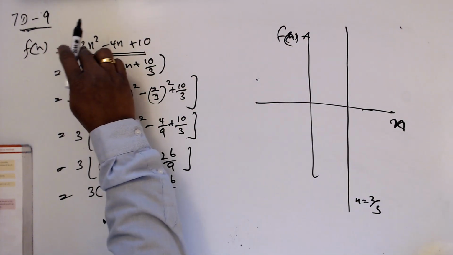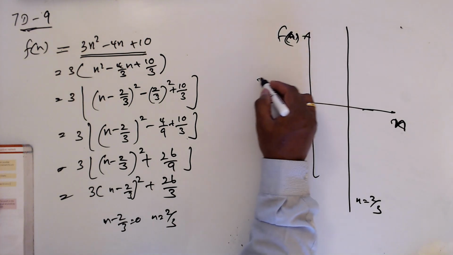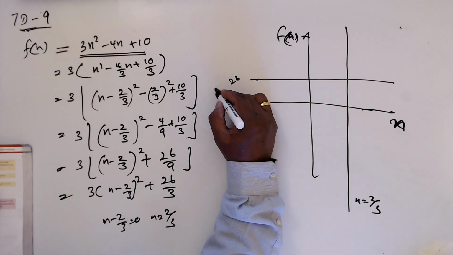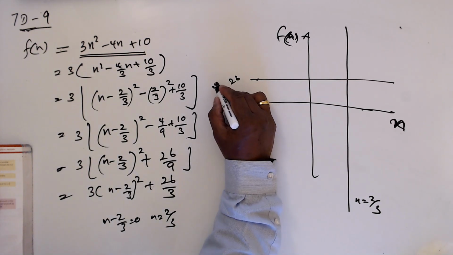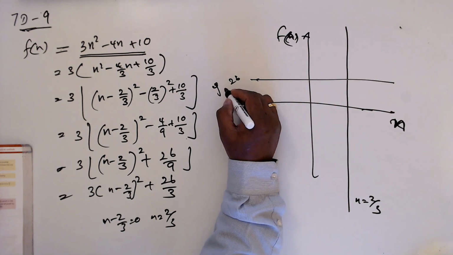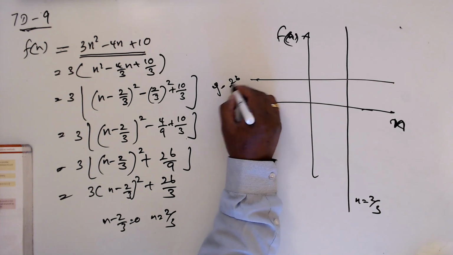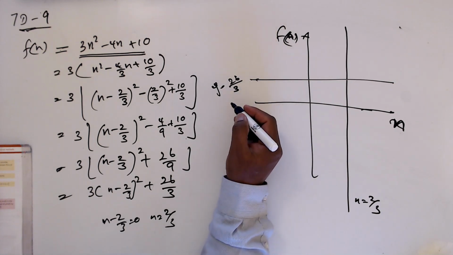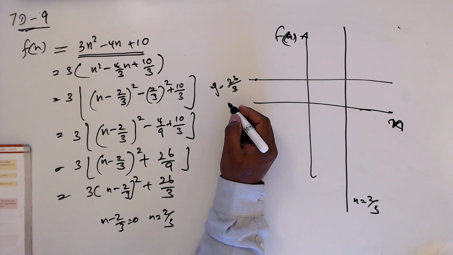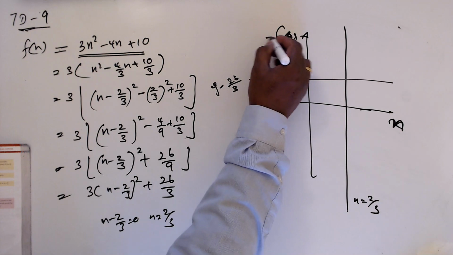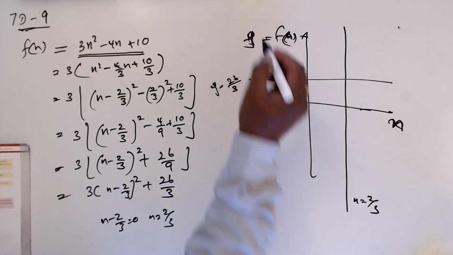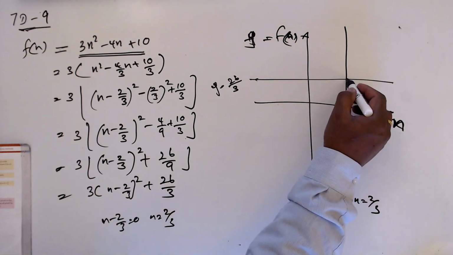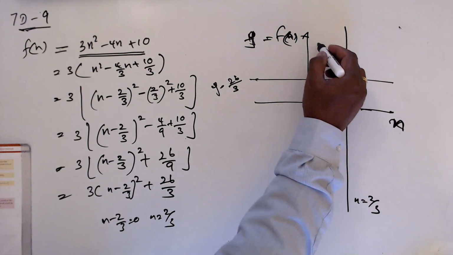This is y equals 26 over 3. Fn, no, I'll write y or f(n), and the curve goes from here.